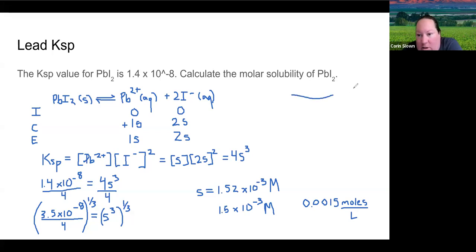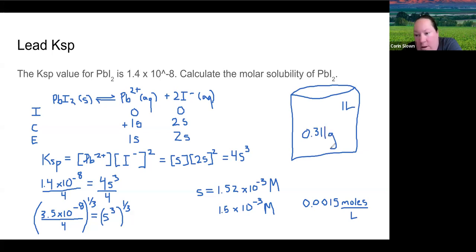So if I had a liter, so that's 1 liter, I would have 0.311 grams, or in this case, right, because we have 2 sig figs, just 0.31 grams in 1 liter. And that would be the most lead that I could solubilize in 1 liter of water.